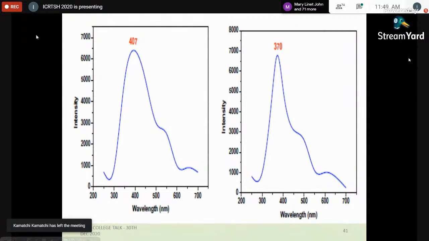Here I have given one small variation. We have the macro and nanoscale. The intensity versus wavelength, 407 nanometer and 370 nanometer, is given for the macro and nanoscaling of the CPD crystal.